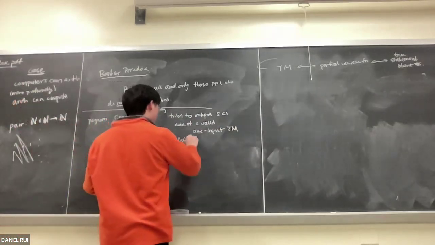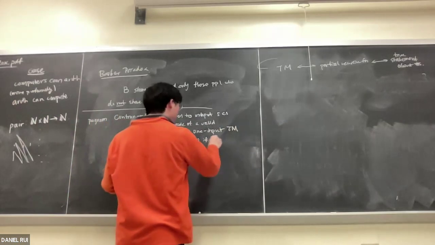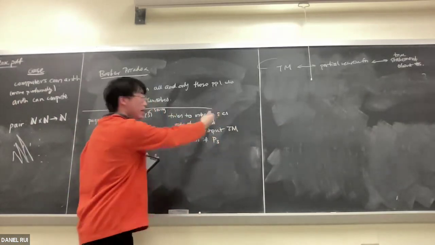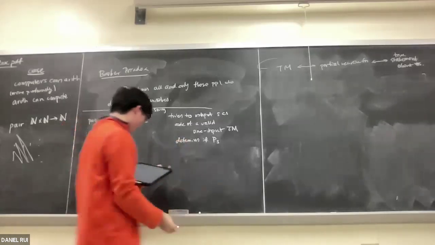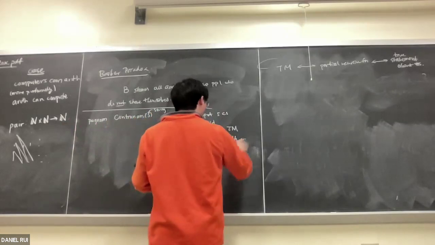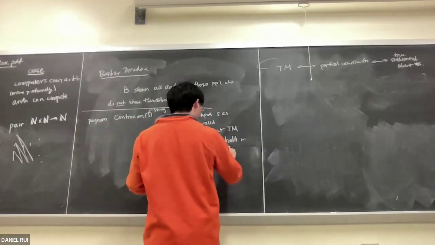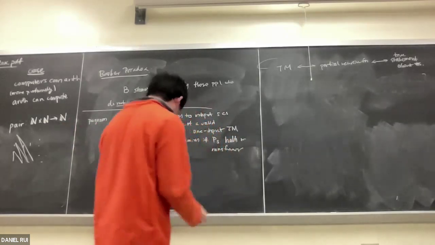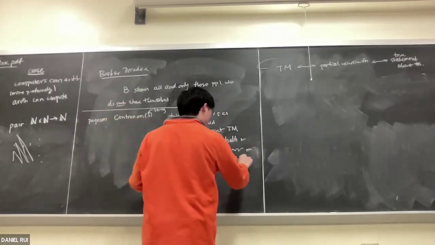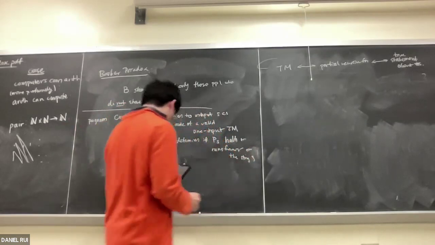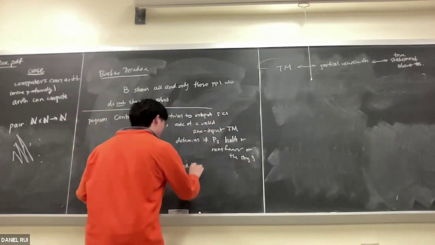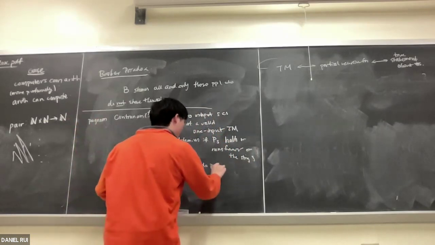It determines if P of S, which is the program that is encoded by the string S, halts or runs forever on the string S, and then does precisely the opposite.